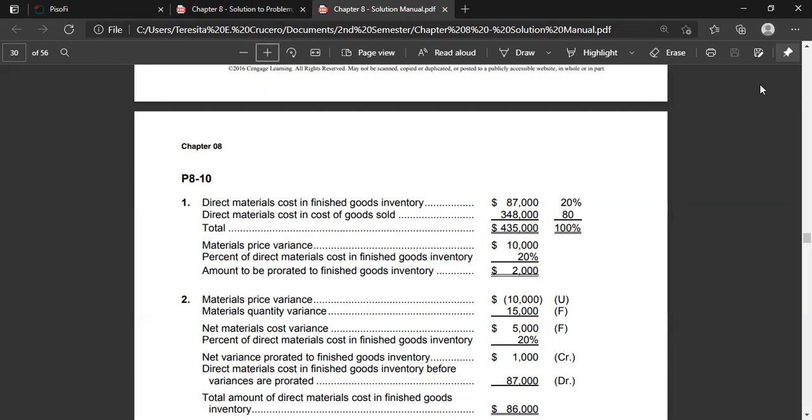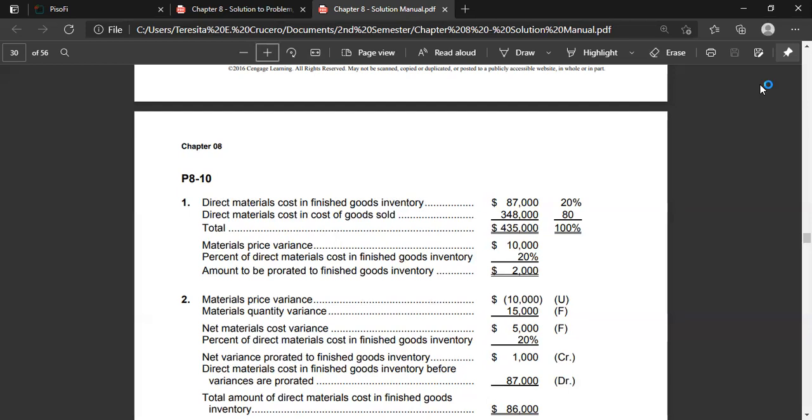If you divide 87,000 by 20%, that will give you 435,000, equivalent of 100%. So the 80% of 435,000, that's your material cost in cost of goods sold.